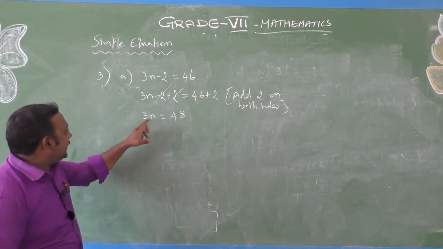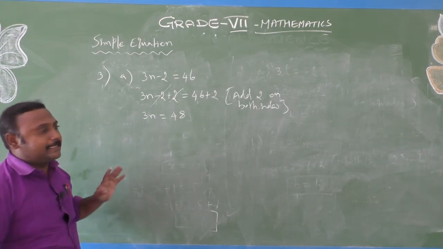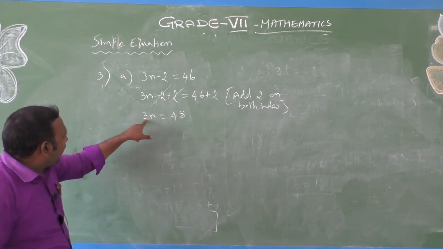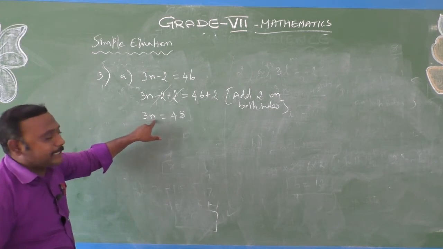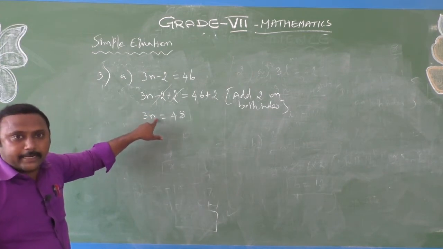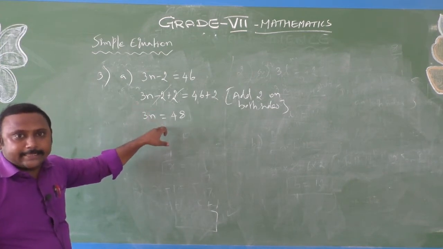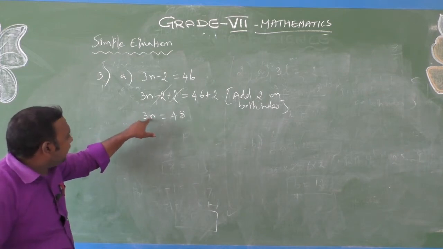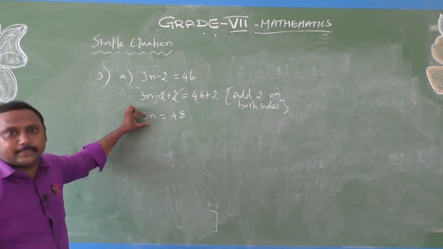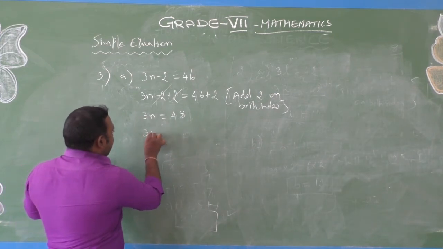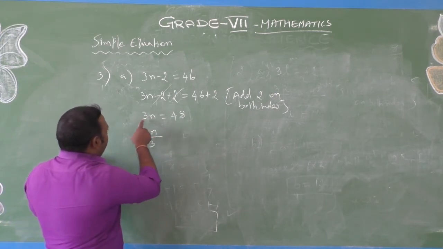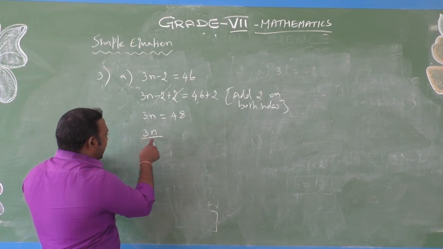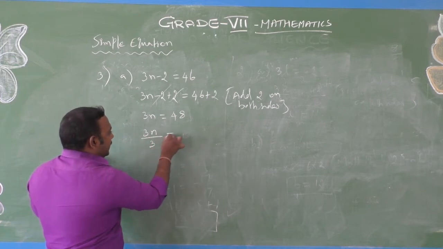Now we have 3n is equal to 48. Then we have multiplication. 3n means 3 multiplied by n. So here 3 into n. When we have multiplied by 3, we have to divide by 3 on both sides.